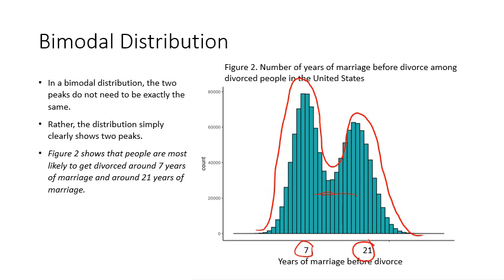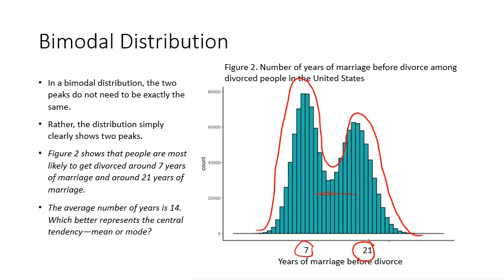So these two modes make sense. If we calculate the average, you would find that the average number of years before divorce for people who get divorced is 14. We'll write M, or mean, equals 14. We can see again here that in a bimodal distribution, the mean does not very accurately represent what's going on.